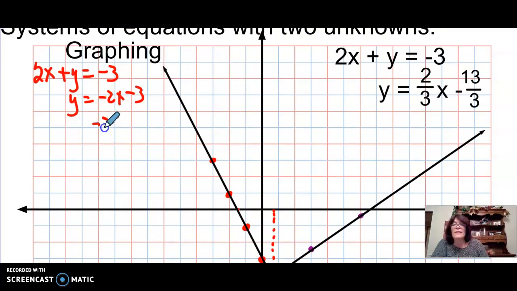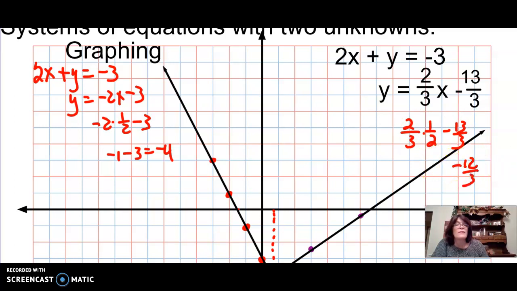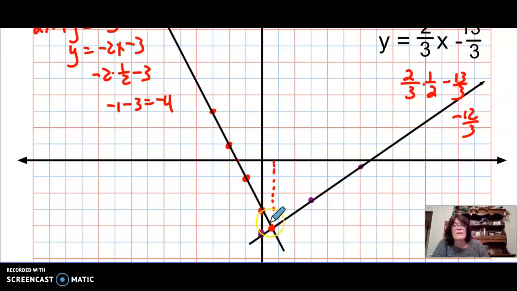If I put a half in here, that gives me negative 4. And if I put a half in here, that gives me 1/3 minus negative 12/3. Yeah, that gives me negative 4. So it looks like that was a little bit cumbersome to see, but a half, negative 4.